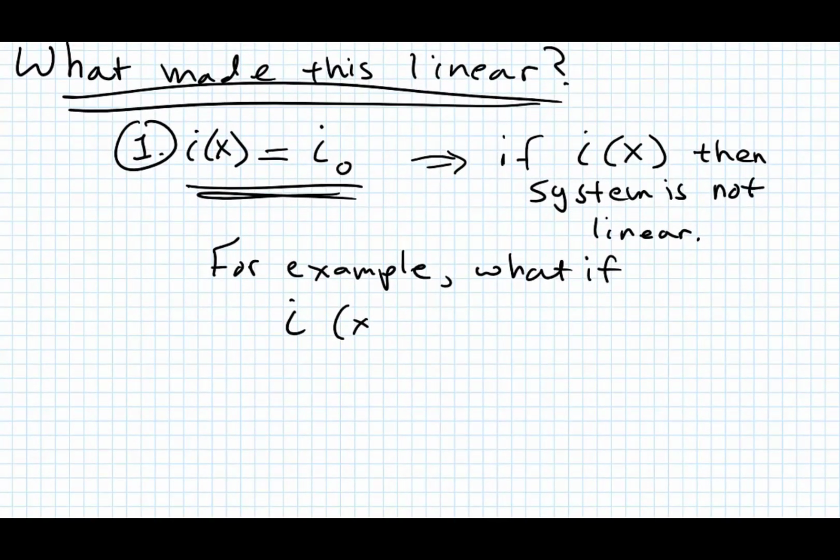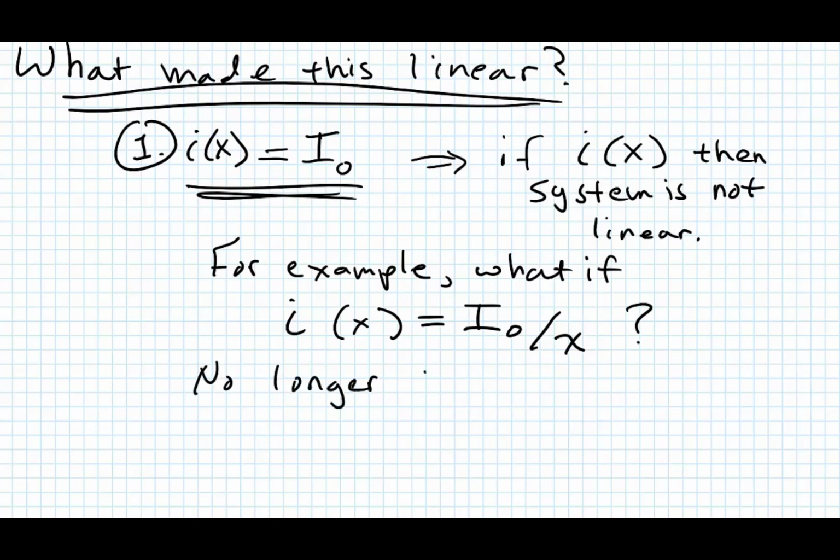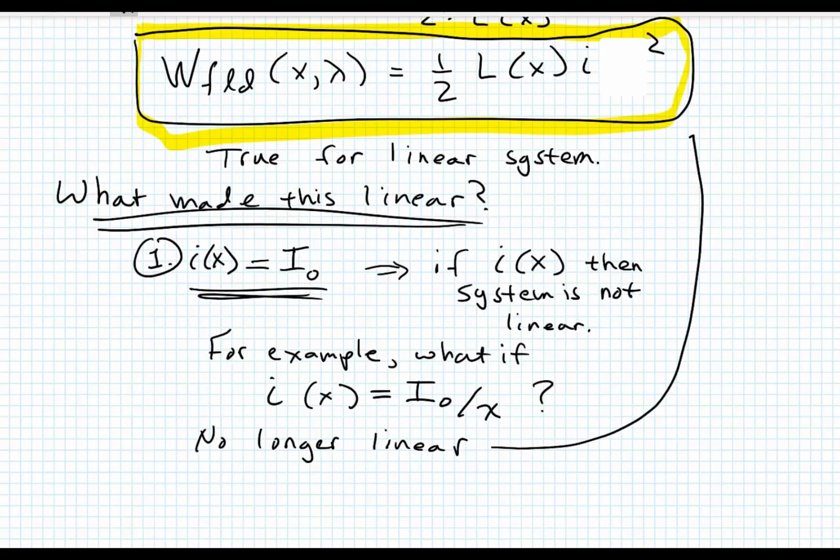But if we said I of x is equal to some, and let me put this as a capital value here too. If we said it's inversely proportional to x, it's no longer linear. And we can't use this.